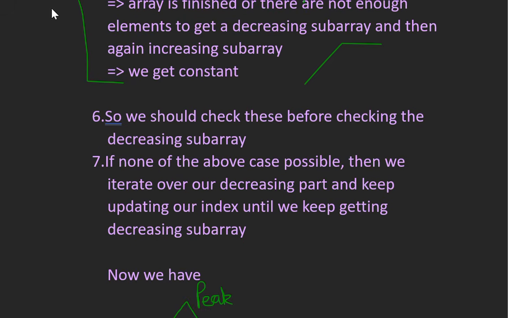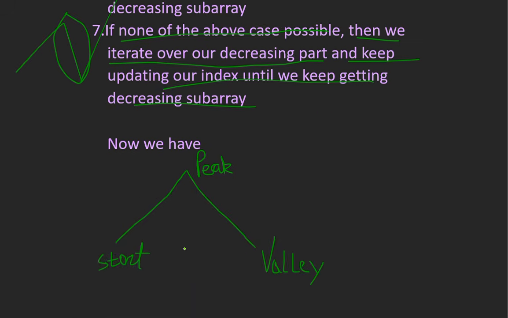If neither is possible, then we iterate over the decreasing part and keep updating our index until we keep getting a decreasing subarray. As we have already seen, in the decreasing part, whatever the sum of these elements, we have to consider them, so we'll be taking this sum.